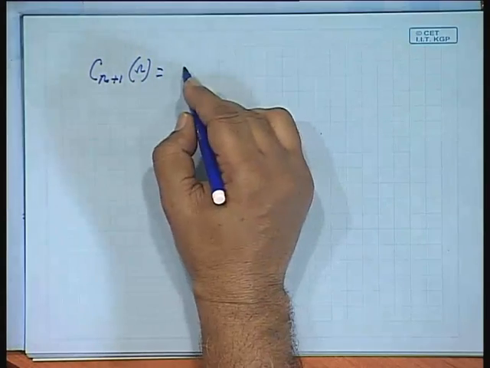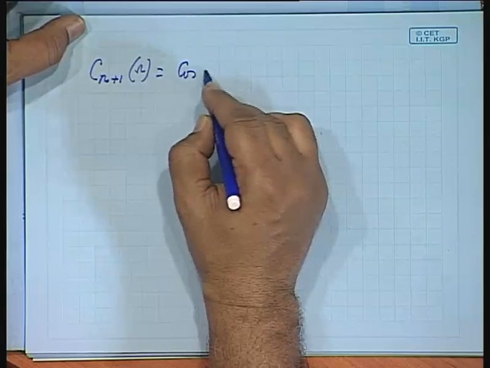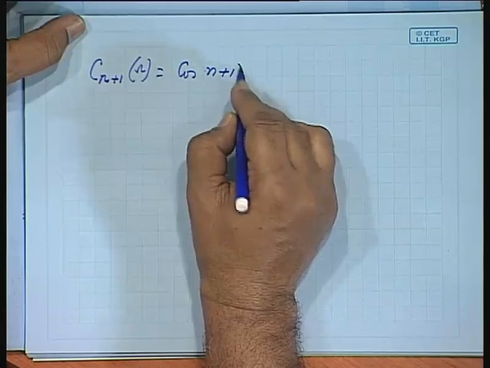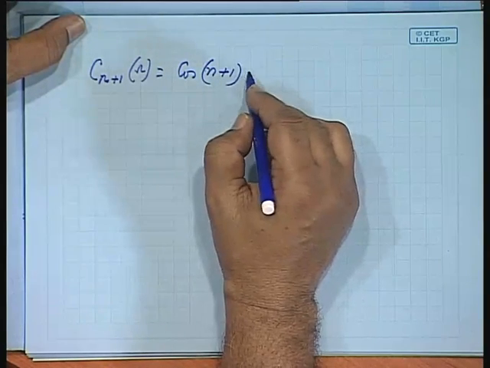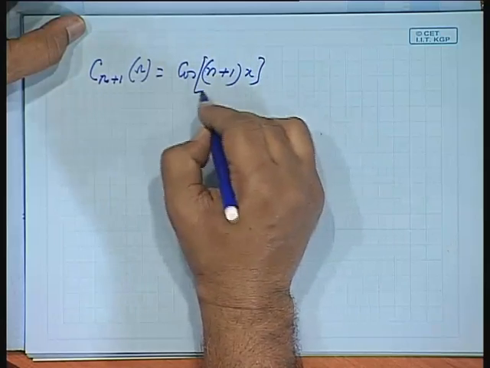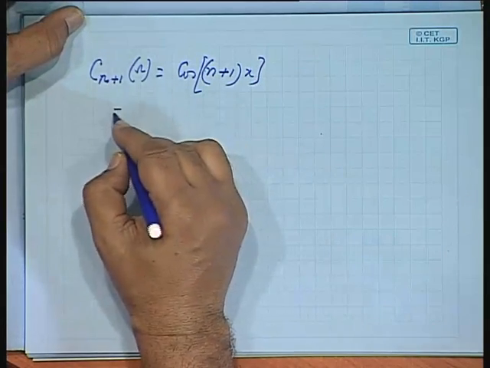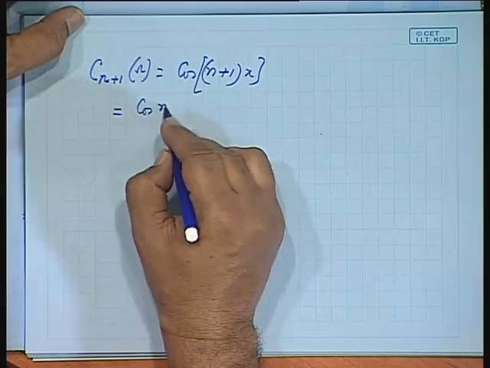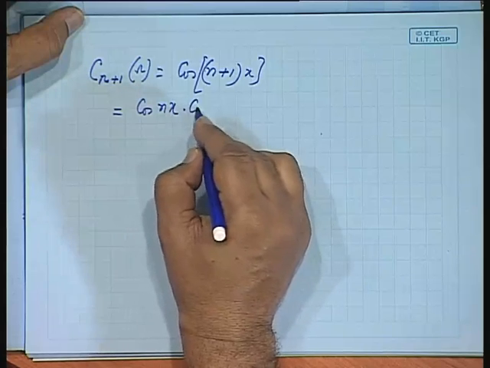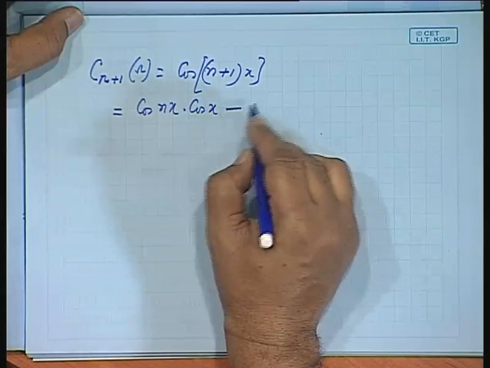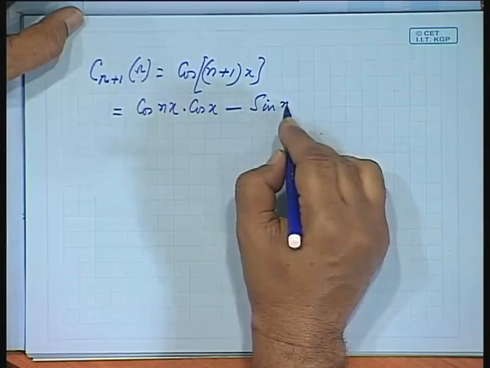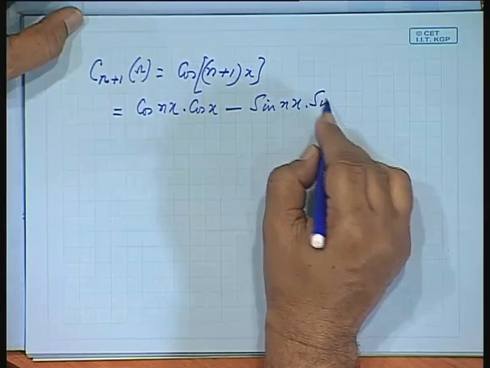Cn plus 1 is cos of n plus 1 into x, which is cos nx cos x minus sin nx sin x.